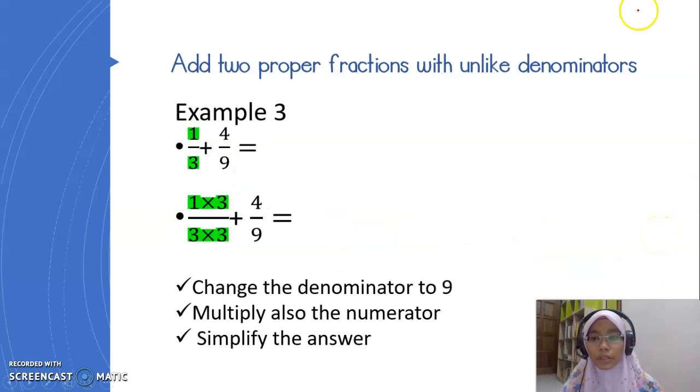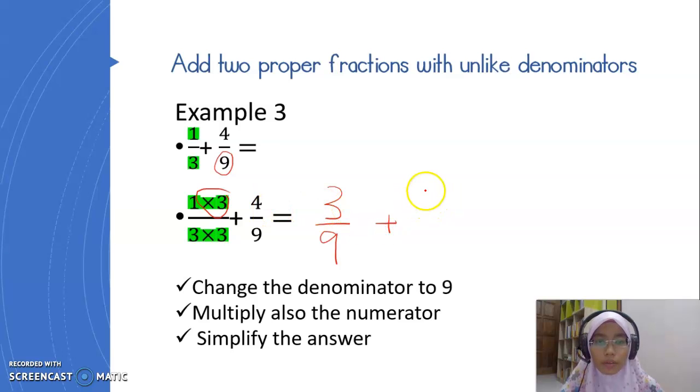Example 3. 1 over 3 plus 4 over 9. So the bigger number here is 9. 3, we want to change it to 9, we have to multiply it with 3. Look below first. 3 times 3 is 9. 1 times 3, 3.